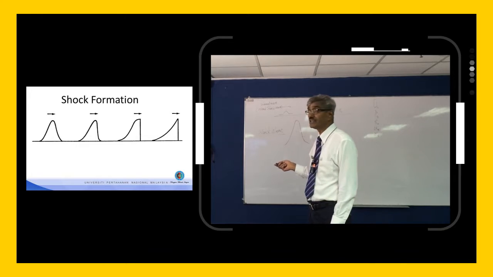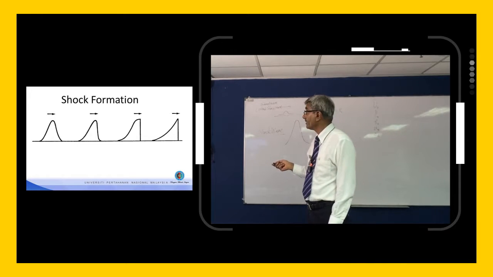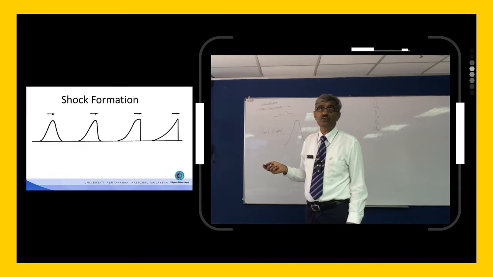So it loses its strength. This phenomenon, from here up till here, you can call shock formation, and onwards it starts losing its strength, which we call attenuation.